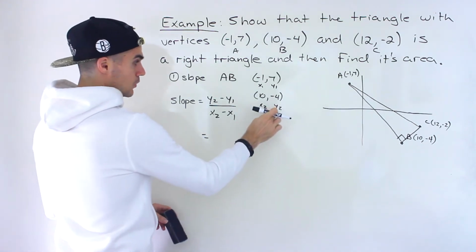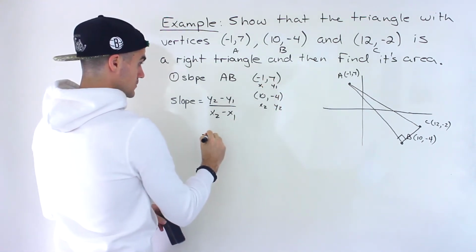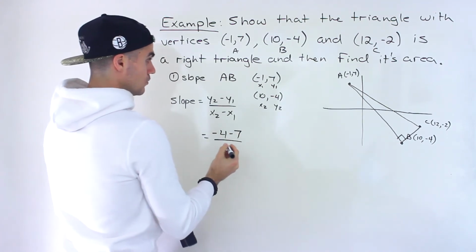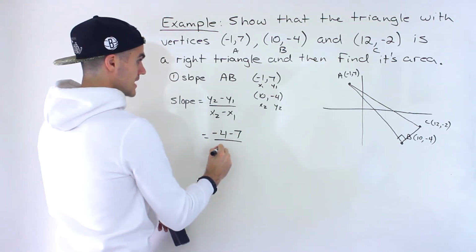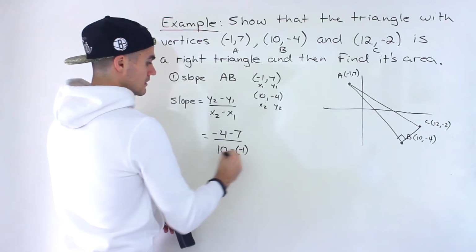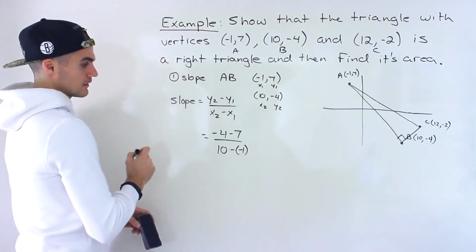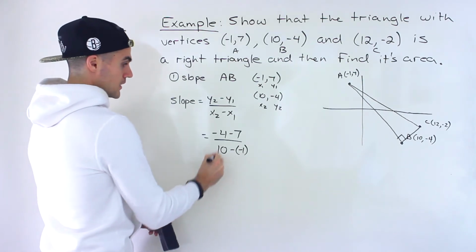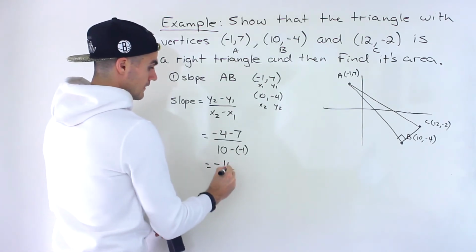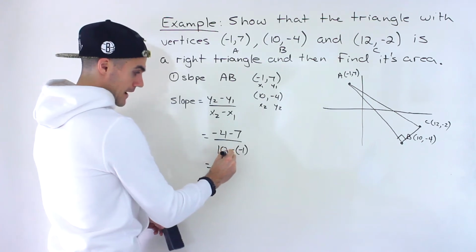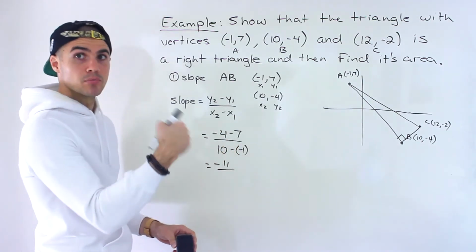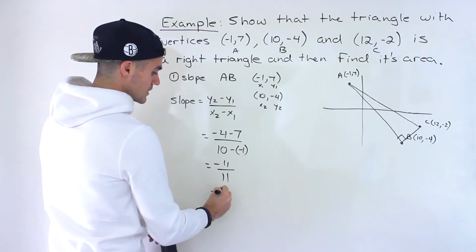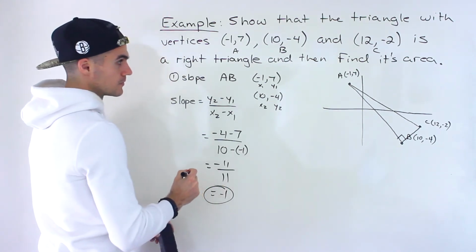So we'll have y2 minus y1, so we'll have -4 minus 7 all over x2, 10 minus (-1), like that. And this -1 has to go in brackets. So we'd end up with -11, and then over here we'll have 10 minus -1, which is like 10 plus 1, which would give us +11, which would give us -1.